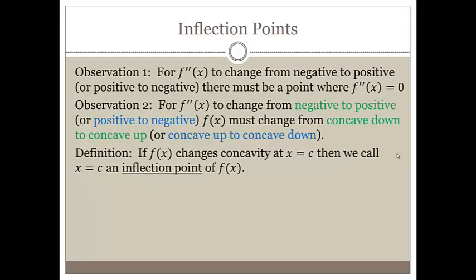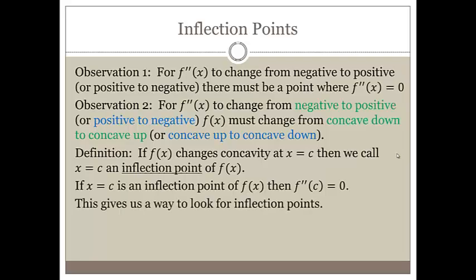What we just saw, that is, if f of x changes from concave up to concave down, or vice versa, that f double prime changes from negative to positive, which means that f double prime must pass through 0. So we have that if x equals c is an inflection point of f of x, then the second derivative, f double prime of c, equals 0.